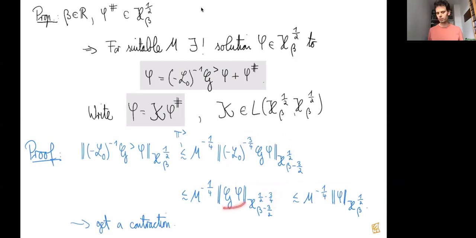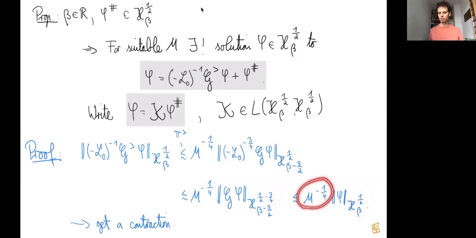And now we use our estimates for G. And since 1/2 is between 1/4 and 1/2, this is an admissible parameter. So we get that, and we saw that the G is losing exactly 3/4 regularity in this variable and 3/2 regularity in this variable. So we can bound it exactly by 1/2 beta. And this is the thing we want to have.